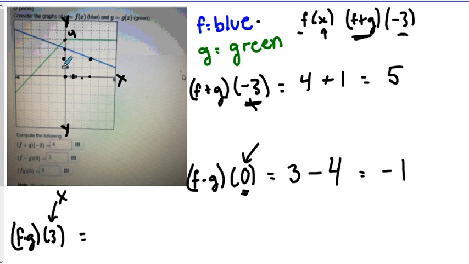Okay, so 1, 2. So 2 times my g value, my green value at that point is +4. So 2 times 4 gives me 8. So you should get 5, -1, and 8.